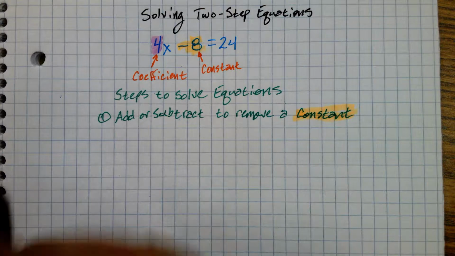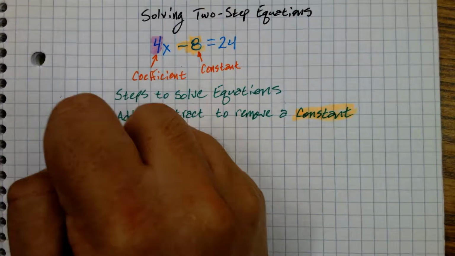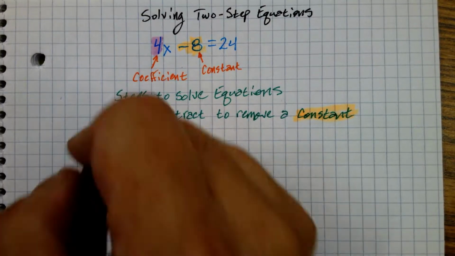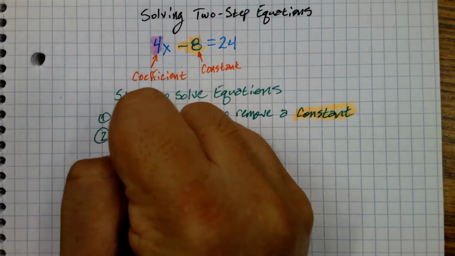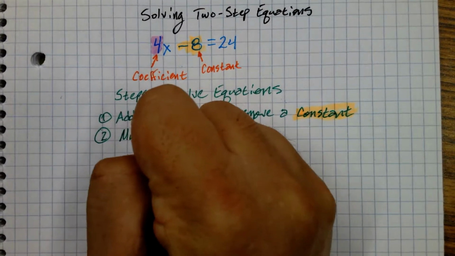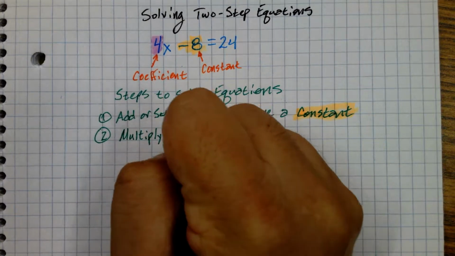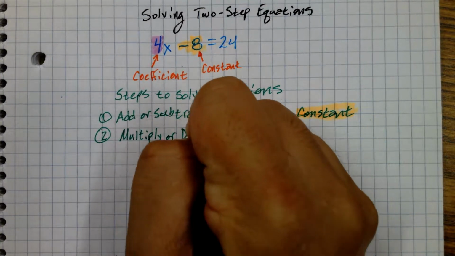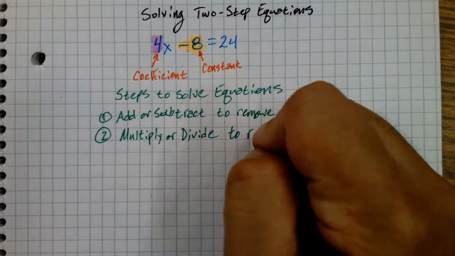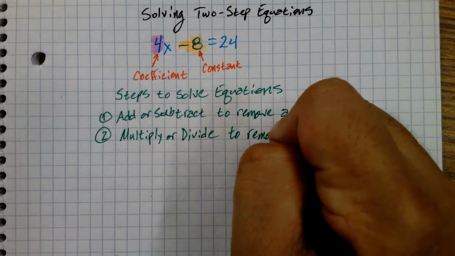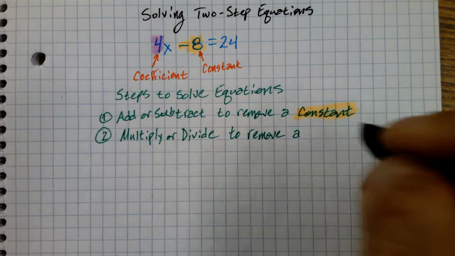Second step, we're going to multiply or divide to remove a coefficient.